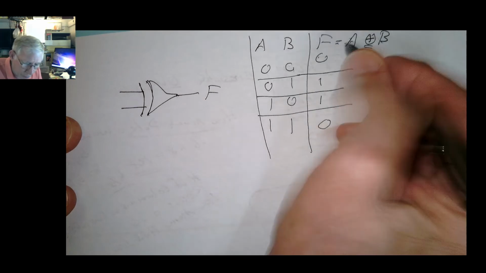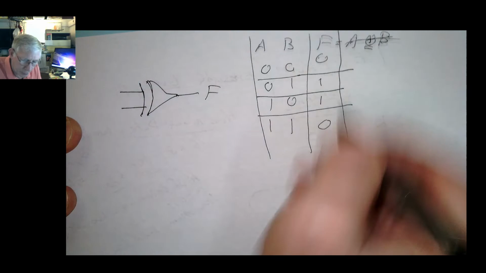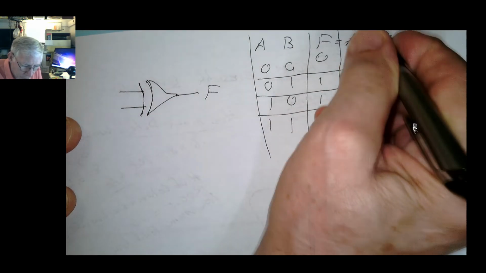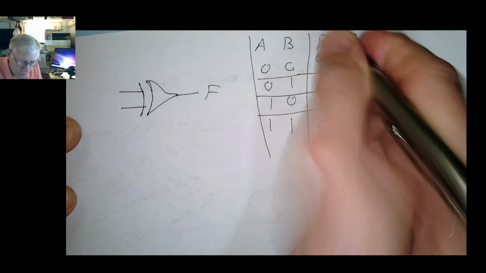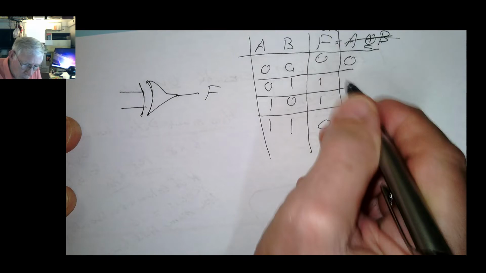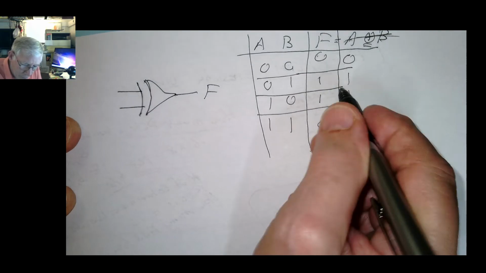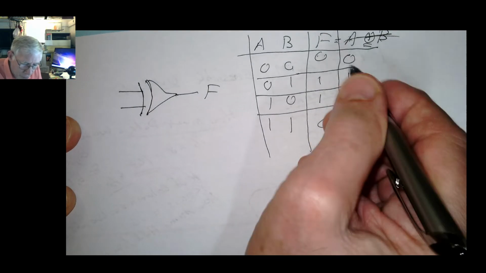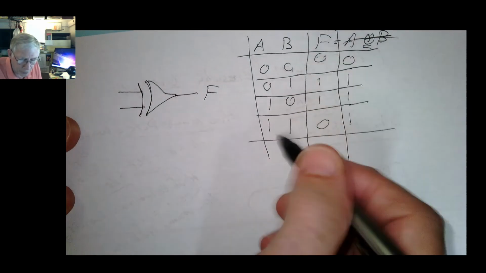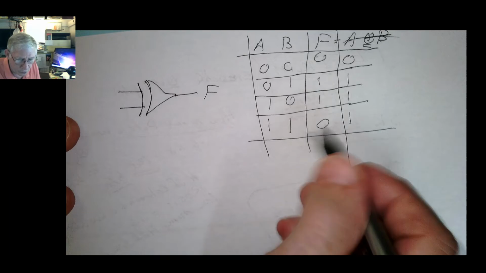So a standard OR gate, we'll call this G, this is OR, and this is XOR. So G would be 0, 1, 1, 1. If any input is a 1, we would have a 1. But for an exclusive OR gate, if two inputs are 1s, we get a 0.